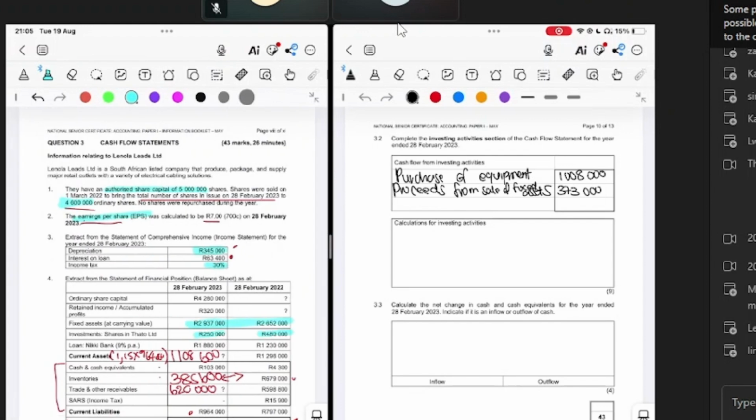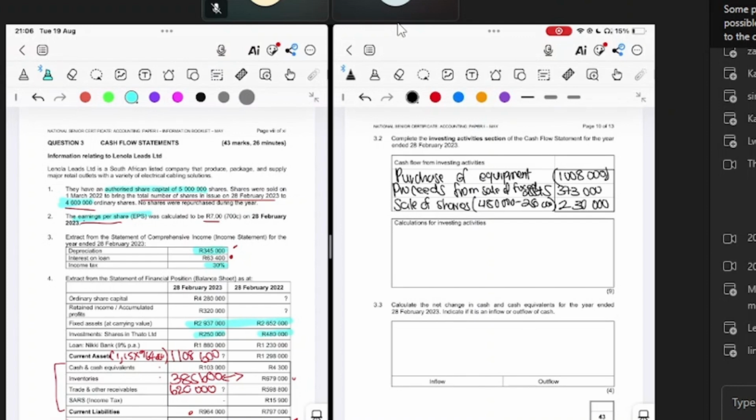So those are the shares we sold. Sale of shares will be 480,000 minus the 250,000, which will give us 230,000. And that's money coming in.